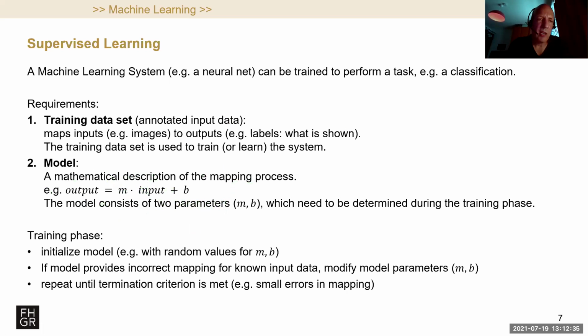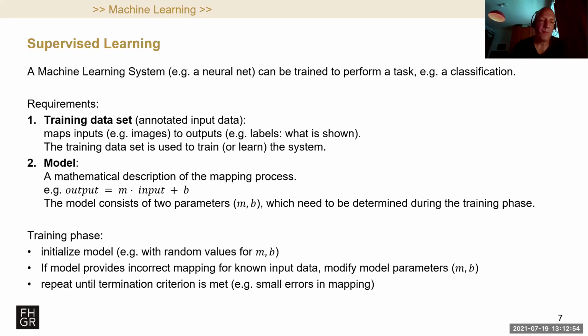Okay, so what we're seeing here is the concept of what is called supervised learning. Supervised learning means that you first have to sit down and annotate your input data. And then once you have done that, you have a corresponding input-output map, then you can use that to train your model.